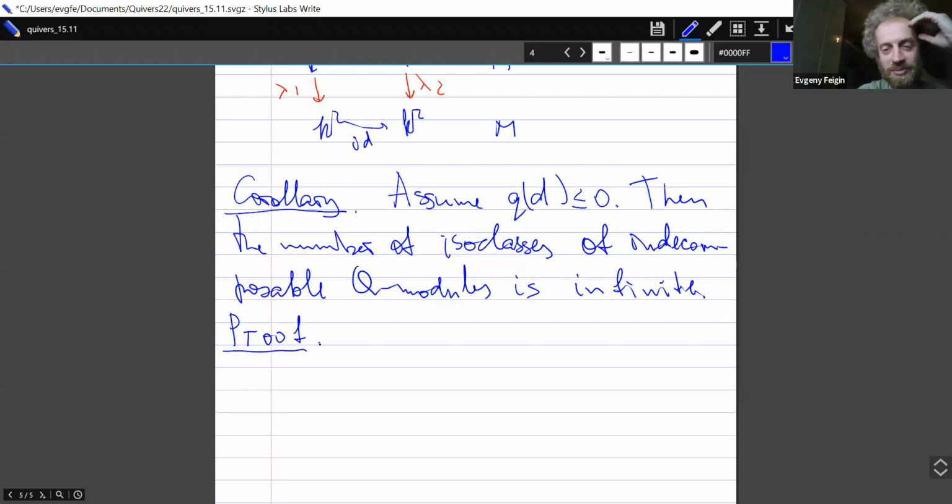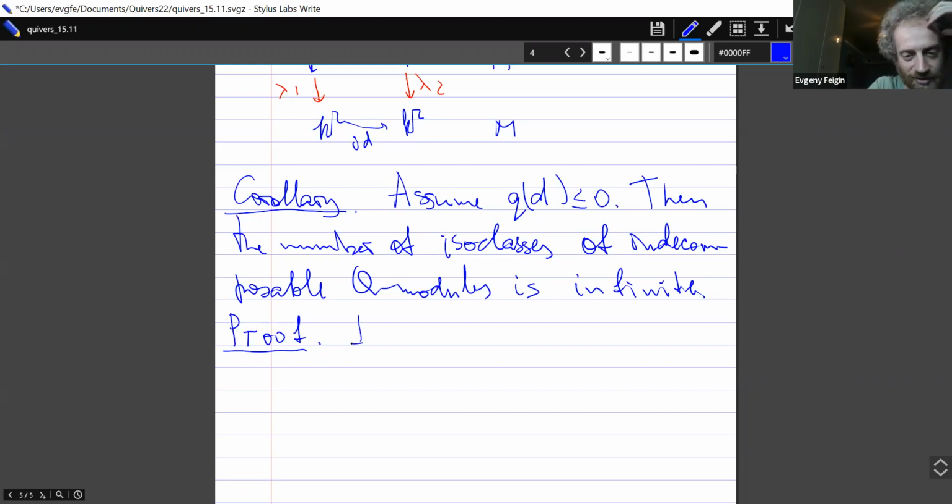Well, I mean, you're right, but we can say even simpler. We know that if Q of D is non-positive, then the number of isoclasses of D-dimensional representations is infinite. But if we had only a finite number of indecomposables, then the number of ways you can get a D-dimensional representation as a direct sum of those indecomposables would also be finite. Because if you have a finite number of objects, you can cook up only a finite number of sums of a given dimension.